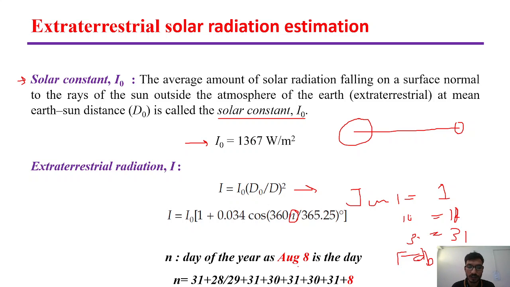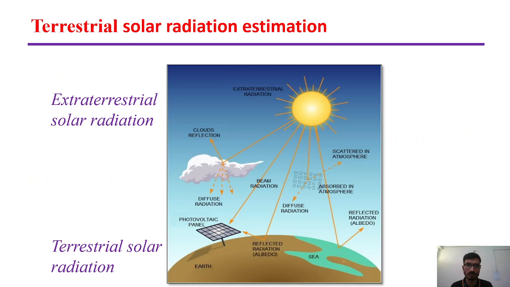Similarly for August 8, we count 31 days in January, 28 or 29 days in February depending on the leap year, then March, April, May, June, July, and then the 8th of August. This way we calculate the value of n.